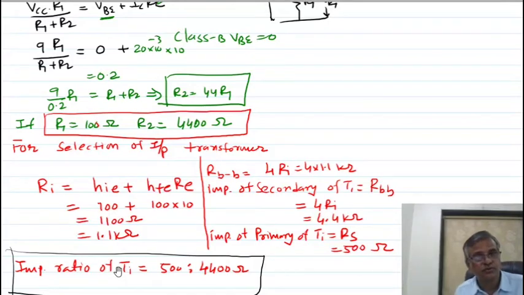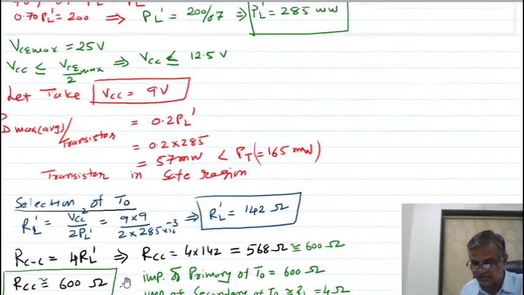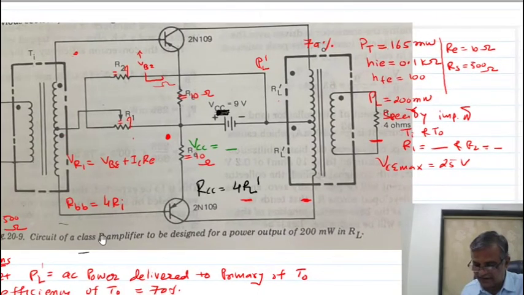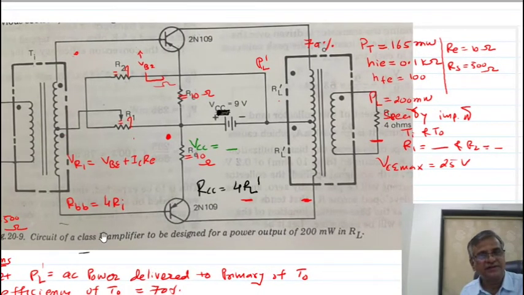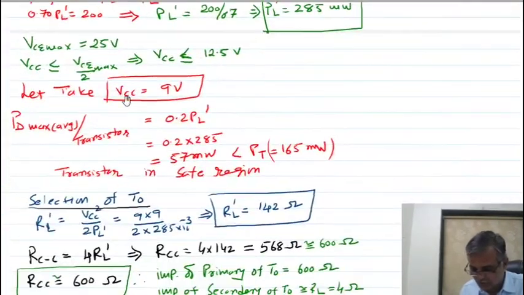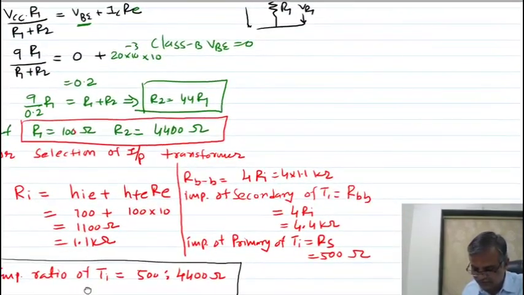Now let us do the same numerical. See, I am doing this same circuit, but instead of writing class B here, I am writing class AB. Then what will be the change? Let us see what will be the change. Okay, so let us discuss another numerical.